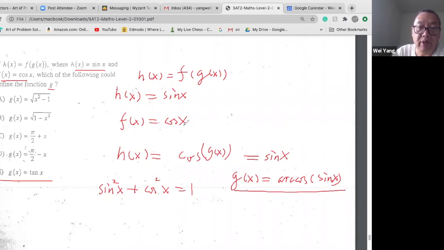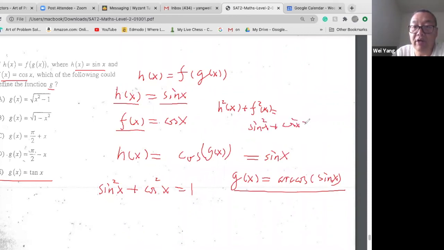So from hx equals sin x, we can get hx squared plus fx squared, which equals sin x squared plus cosine x squared, which equals 1, right?